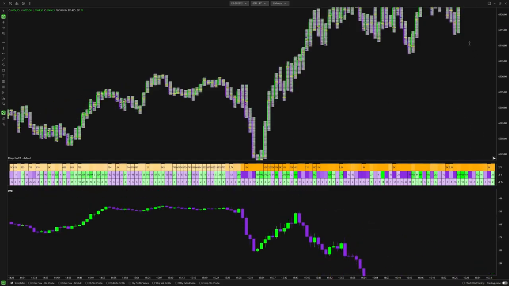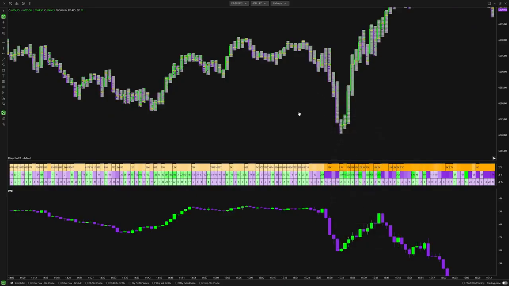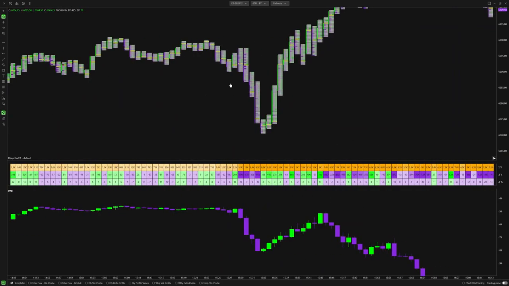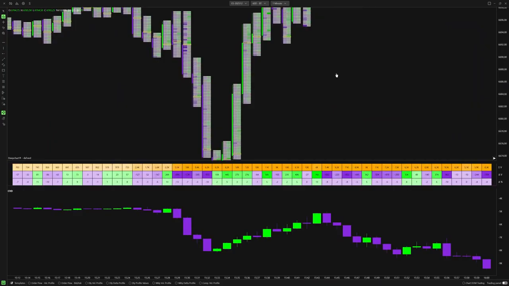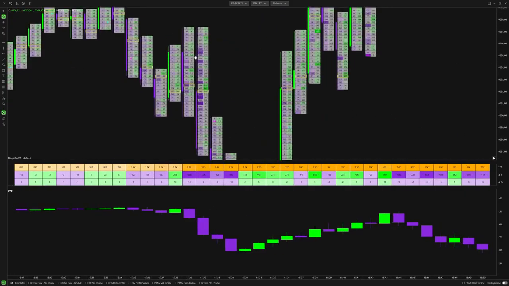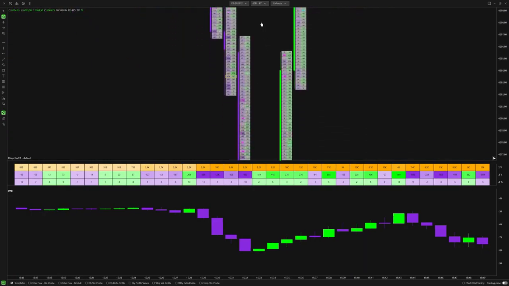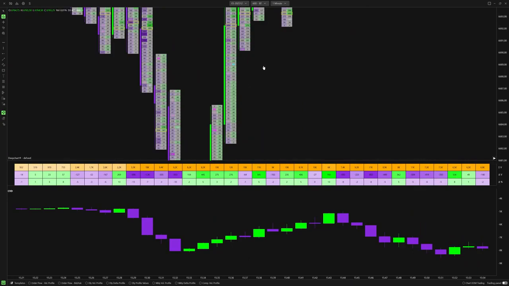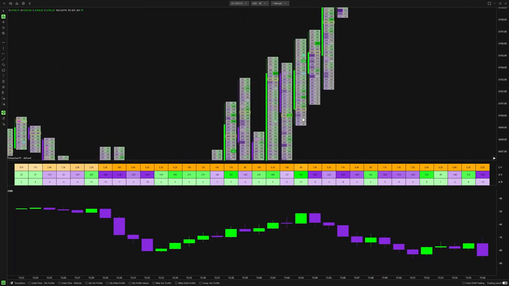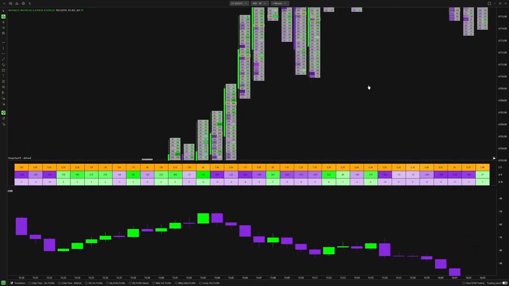I personally prefer to use this in combination with the footprint, because in the footprint I can not only spot absorptions very easily, but I can see where they are and what happened right after. So this is a cool summary, yes, but I wouldn't say it's 1000% necessary, okay? But it's a very valuable indicator that you can use, absolutely.